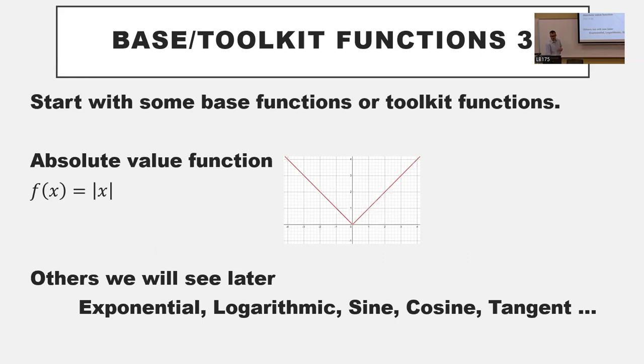Another function of interest that we're going to look at right after this in the next section is the absolute value function. Hopefully we all know what the absolute value is. You plug in a number and it gives a distance from 0.